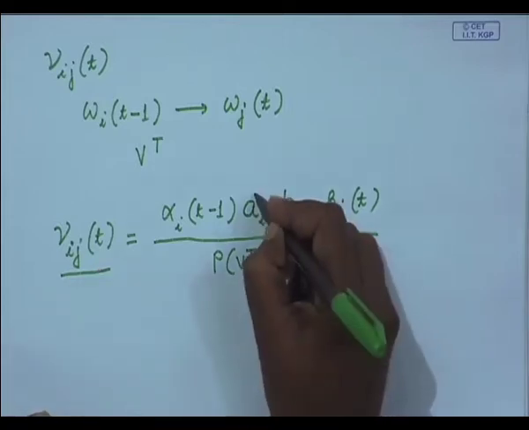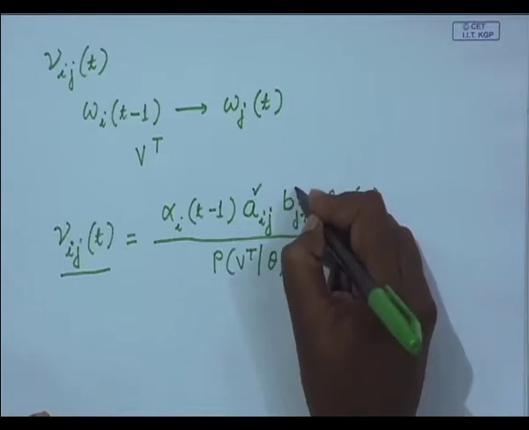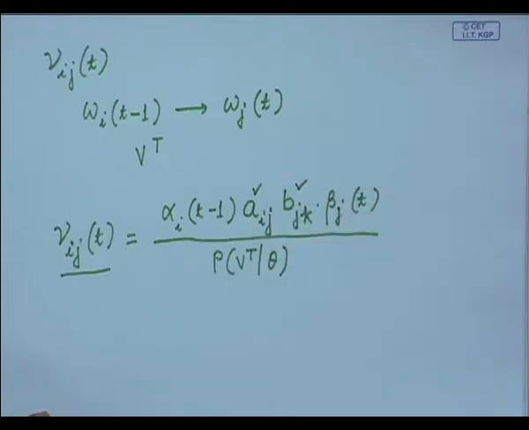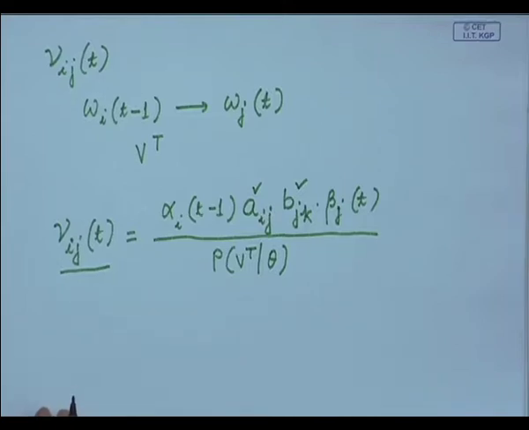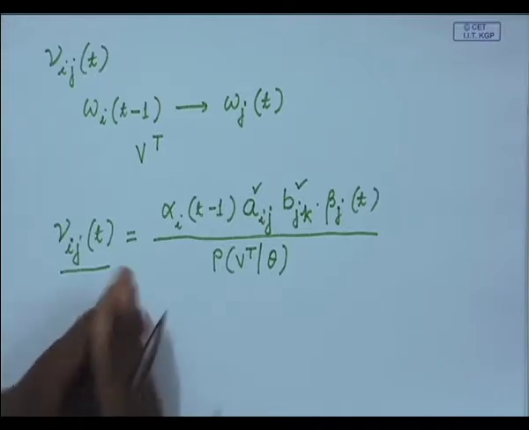Now, here again you find that this a i j and b j k are still not exactly known. So, how is this algorithm going to work? The usual practice is initially you choose the transition probabilities a i j and b j k arbitrarily at random. So, I choose some arbitrary values for the transition probabilities a i j and b j k.